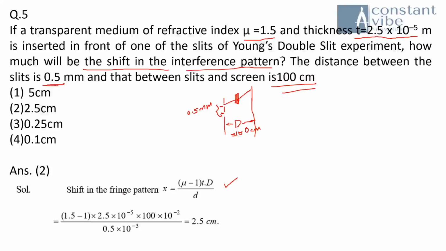Mu minus 1 is 1.5 minus 1, into t, 2.5 into 10 to the power of minus 5, and D is 100 centimeter, that is 100 into 10 to the power of minus 2, and d is 0.5 millimeter, that is 0.5 into 10 to the power of minus 3.